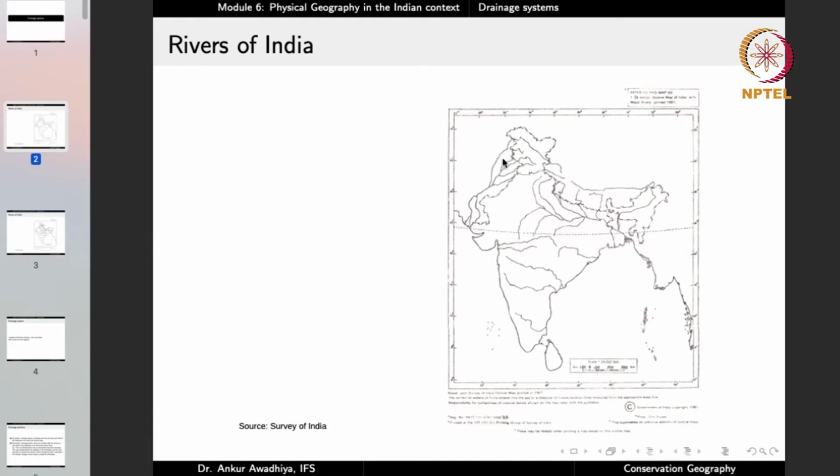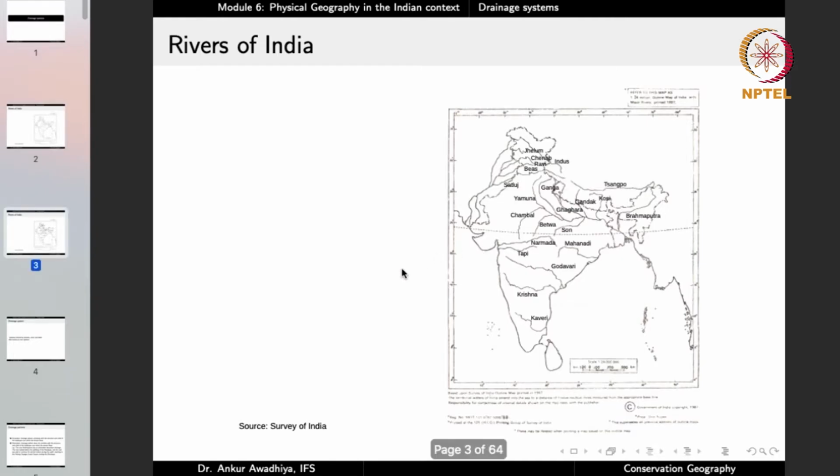A lot of our rivers move from north to south, but we also have a large number of rivers that move from south to north, like these rivers. Some rivers move from west to east, some rivers move from east to west. Now the question is, why do we have these sorts of patterns?